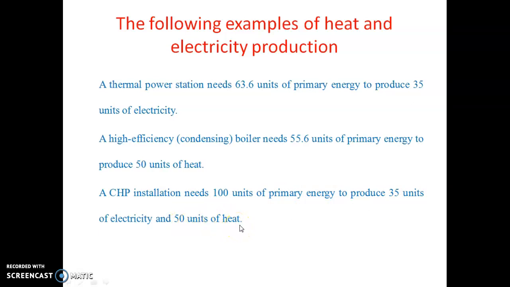By comparing these three, you can say 19.2 units of primary energy can be saved by using combined heat and power, that is 20% of saving. So CHP is a good idea when electricity uses the same primary energy as heat production.